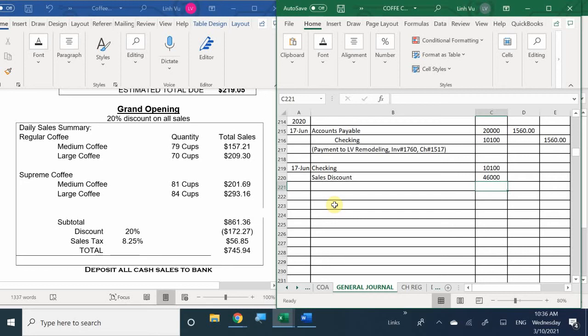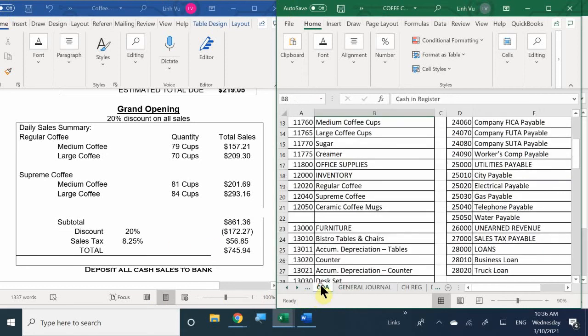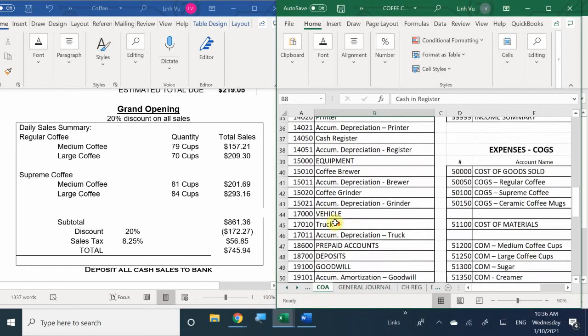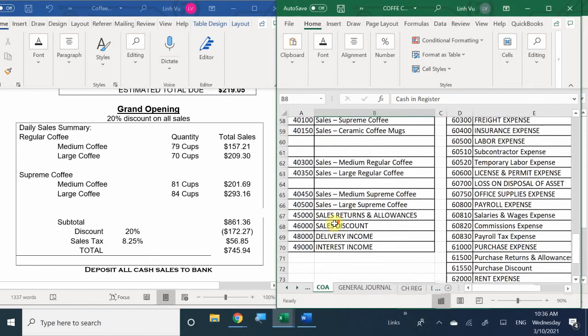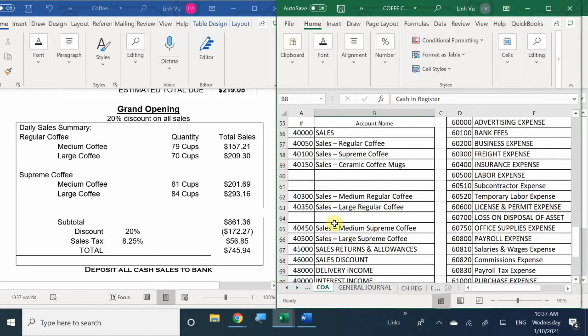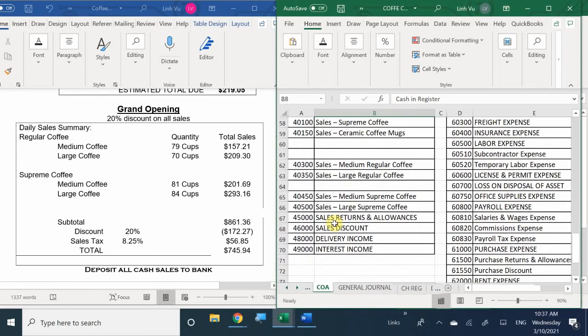Now, what's the meat of this journal that we're missing? We're missing the sales. Let's take a look at the sales section underneath my chart of accounts. Is it broken down to specifics, or am I just putting it all into sales?